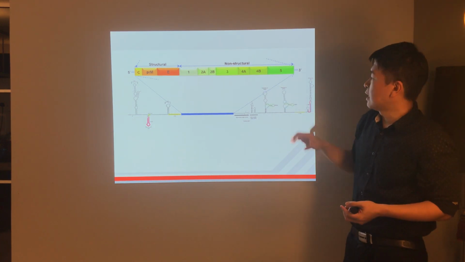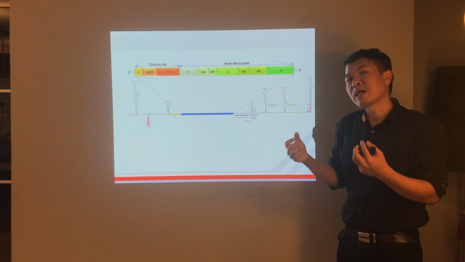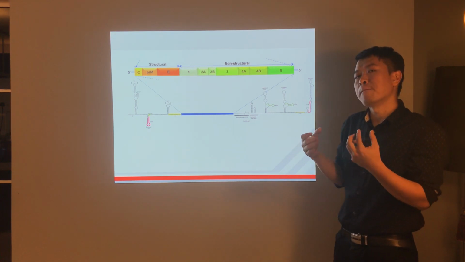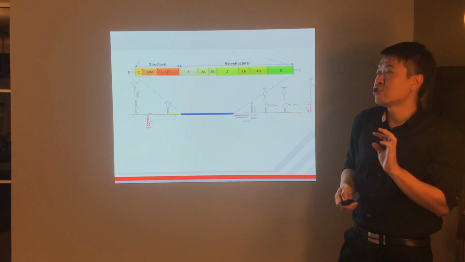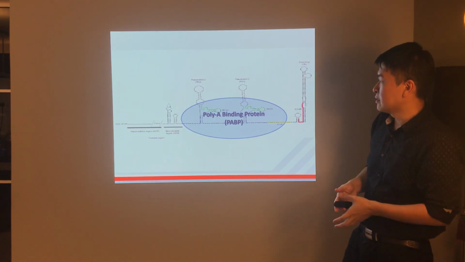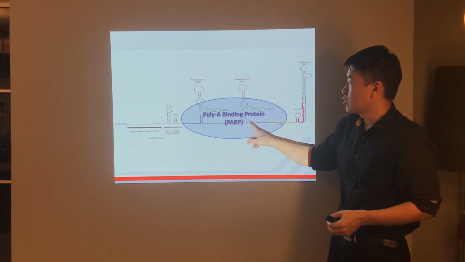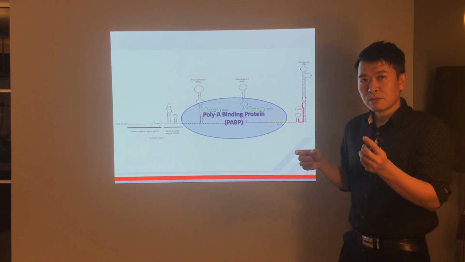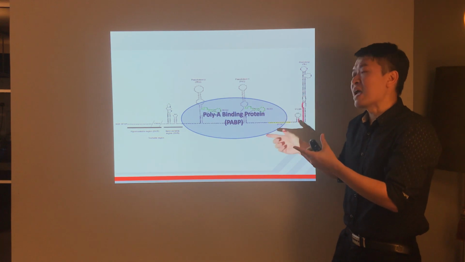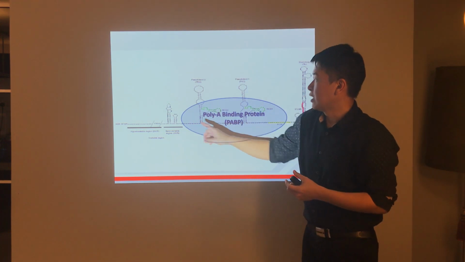And what they found is after they deleted this portion, they still could see poly-A binding protein binding to the 3' end. So eventually when they slowly analyzed, they found that there are some regions here and here that contain a few A's in sequence.